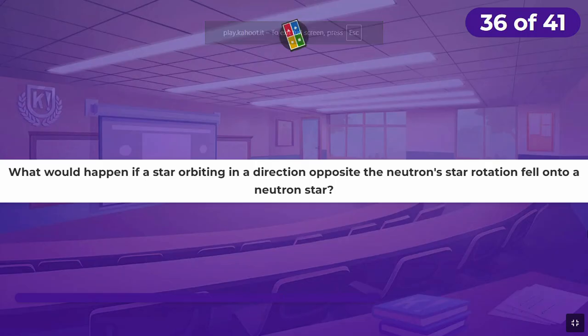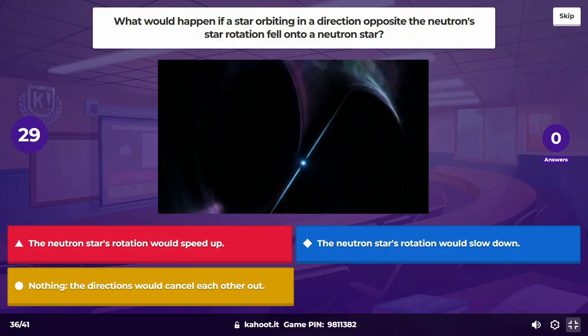And so what if the material that falls onto the neutron star happened to be orbiting in the opposite direction as the neutron star's spin?